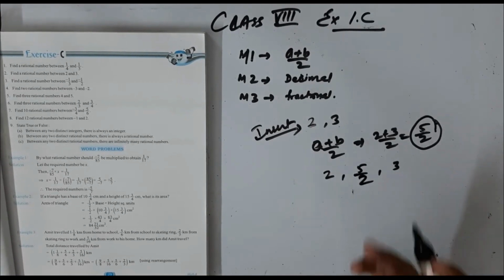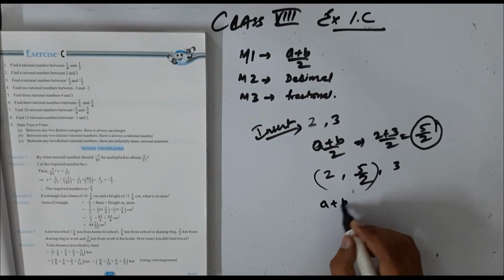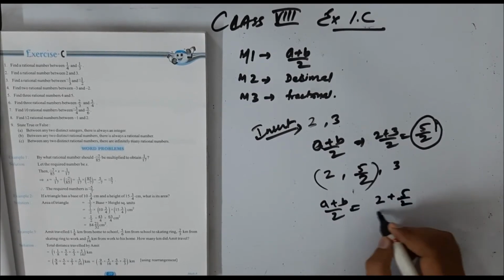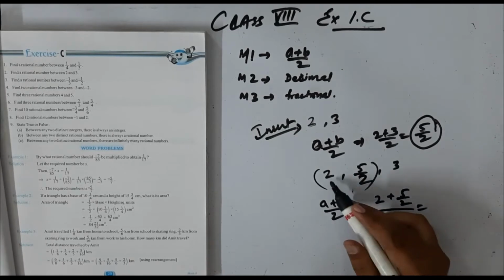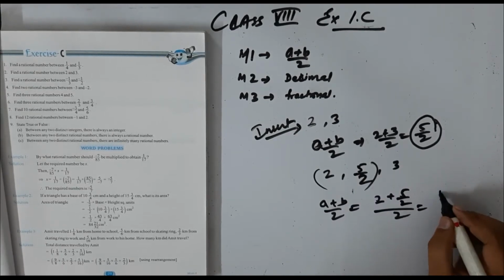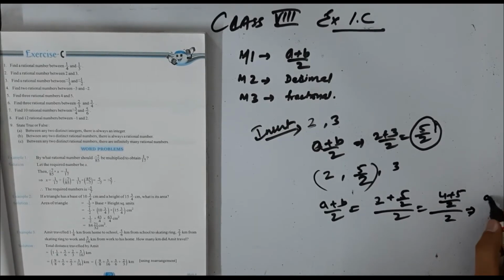Suppose you have to find one more, then what can you do? You can apply the same thing here. (A plus B) upon 2 gives (2 plus 5 upon 2) whole upon 2. A is 2, B is 5 upon 2, add them and divide by 2. It gives (4 plus 5) upon 2 whole upon 2, which we can also write as 9 upon 4.